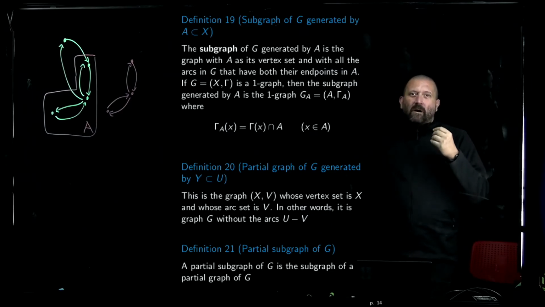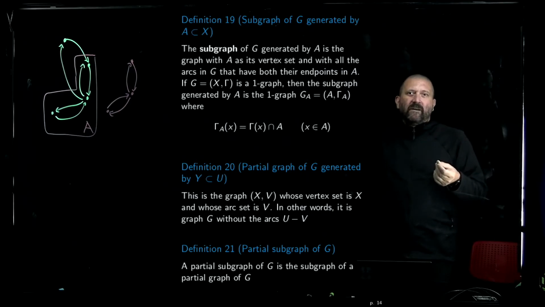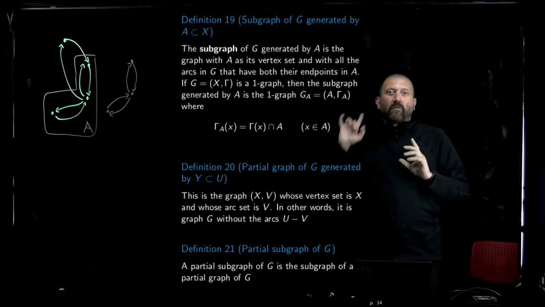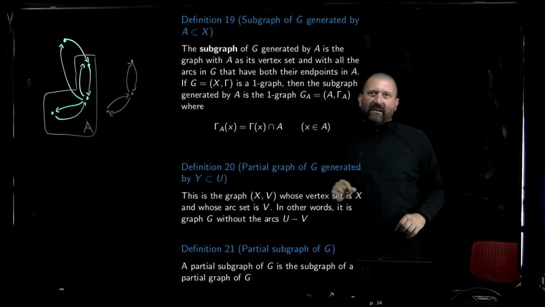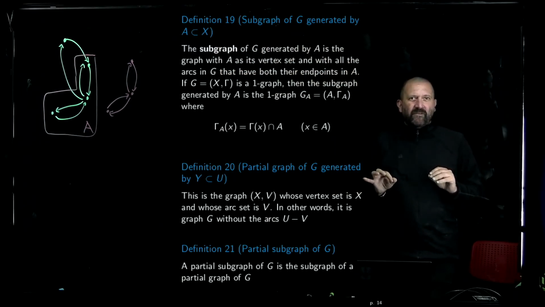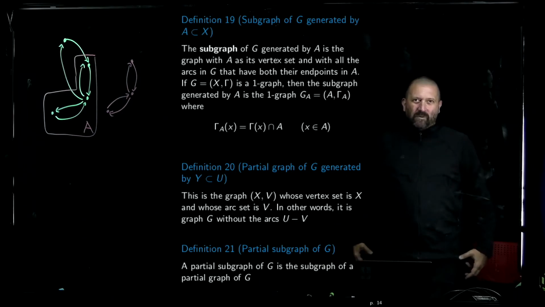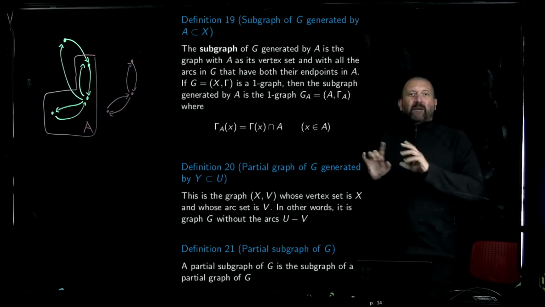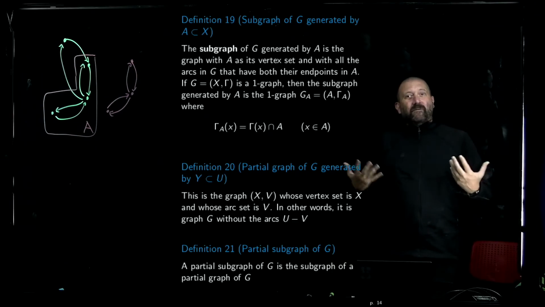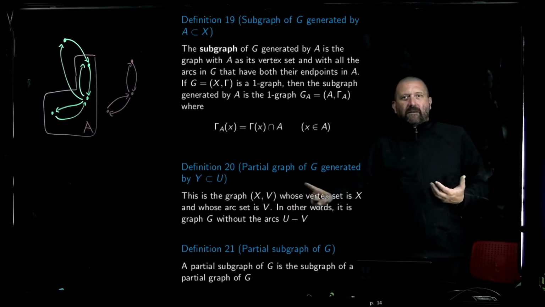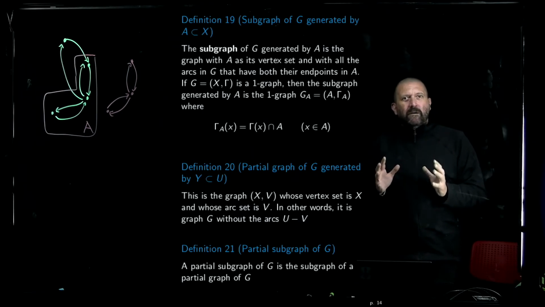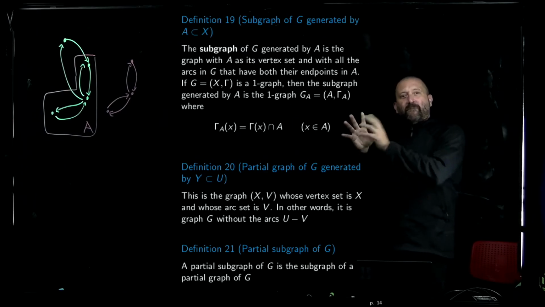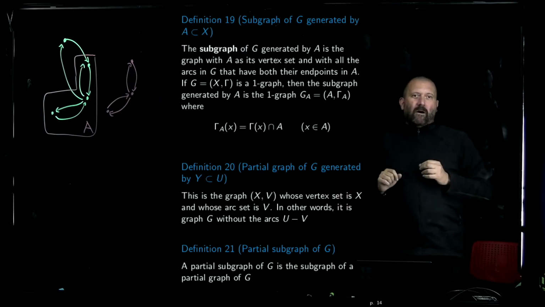We can also talk about a partial graph. Notice that here I'm generating the subgraph by taking a subset of the vertices, and as you have probably understood by now, I can think also in terms of the arcs. And so here I can talk about a partial graph, which is generated by considering not vertices but arcs.